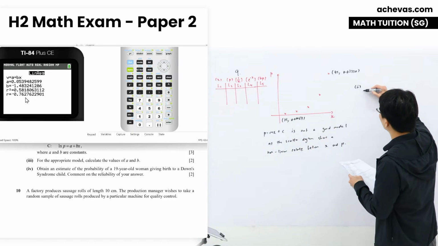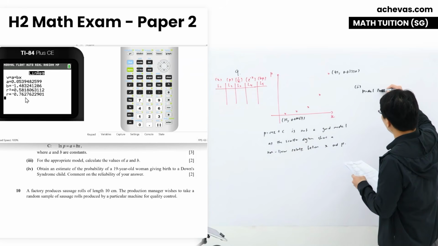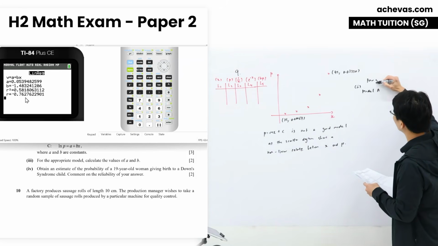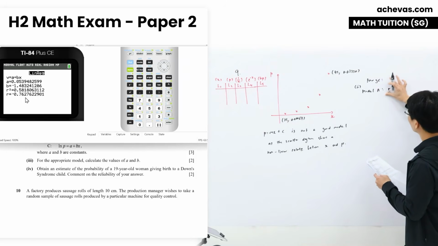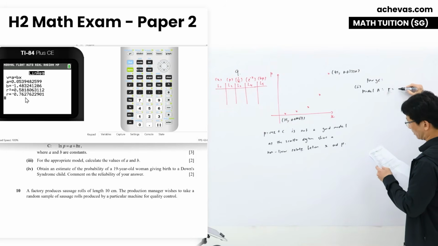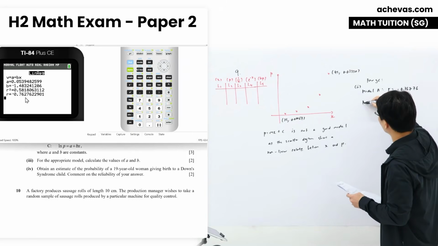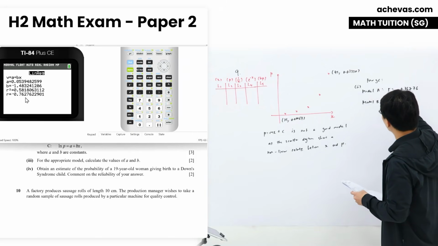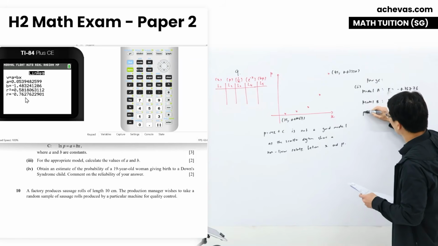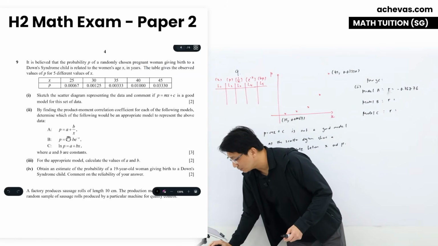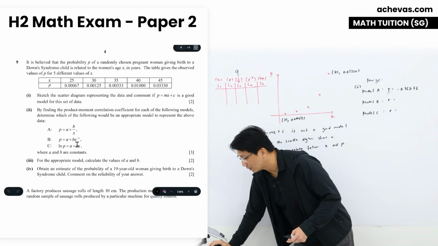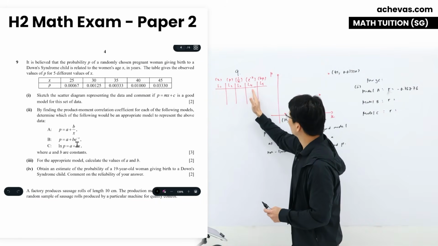Let me just write down here. So part 2, model A. These are from GC. Model A will be R equal to minus 0.76276. Let me just write down model B, what is the value of R, and model C, what is the value of R also. As for our model B, we want this and this.